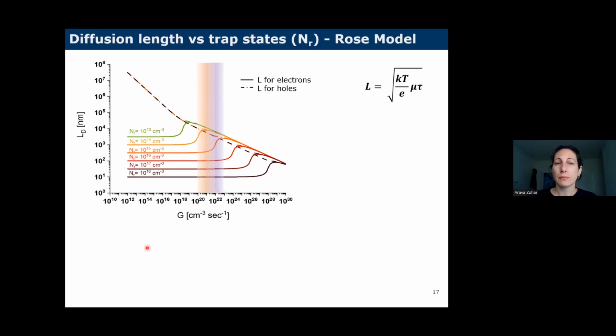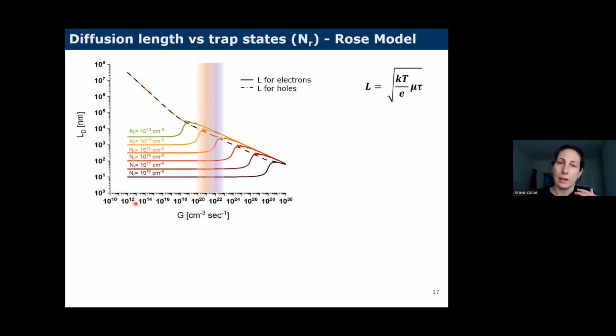And I assume for each time that I send it to iteration, a different amount of defects located in my defect state. And what I found here is that whenever I have the majority carriers, and this is very low intensity, so whenever I have a lower illumination, basically, as I add more carriers, the diffusion length of the majority carriers always decays, always going down.